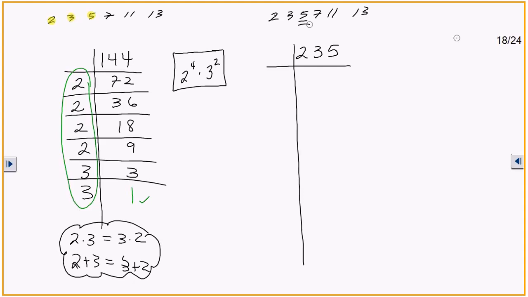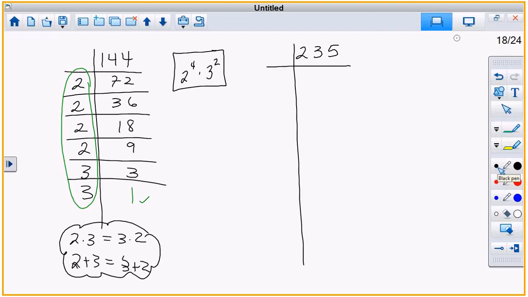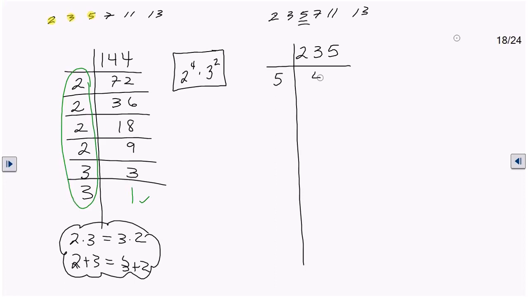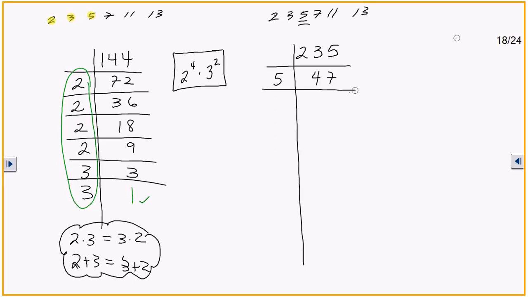Okay, you're back. Let's divide by 5. When I'm dividing by 5, 5 will go into 23 4 times. That'll leave 35, which is 7. Ooh, I don't know if we got anything to go into 47. 7 won't go into it. 3 won't go into it. 2 won't go into it. 11 times 4 is 44.